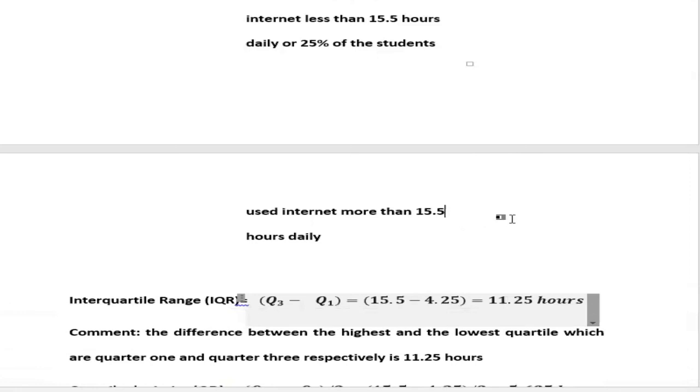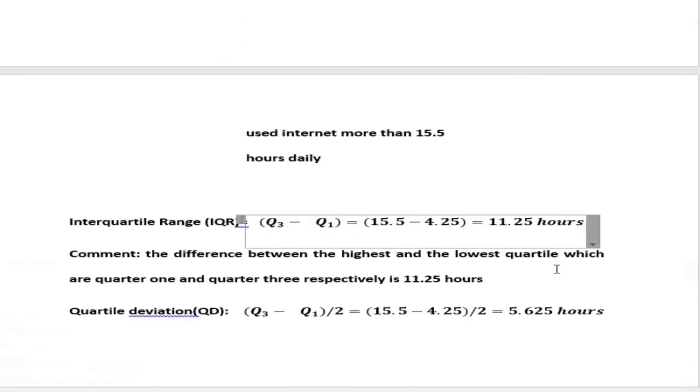Similarly, we can calculate the interquartile range. As we know, the interquartile range is the difference between the highest quartile and the lowest quartile. If you put in the values Q3 15.5 and Q1 4.25, we will get 11.25 hours.